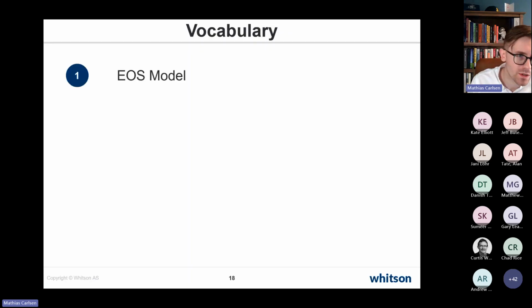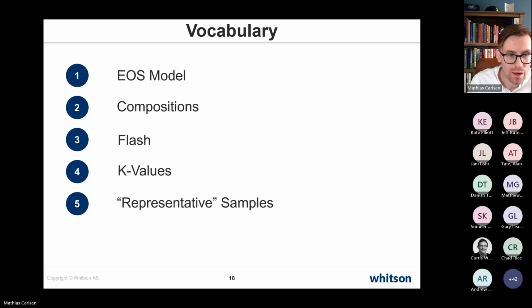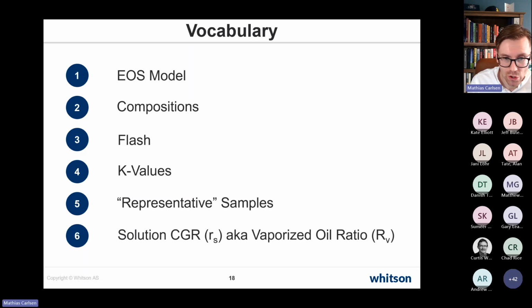Those items are: an equation of state model, the word composition, the word flash, the word K values, a representative sample, and what we call solution CGR, or the vaporized oil ratio. These are six words that, if you've never heard about them before, can be a little bit confusing, but hopefully by the end of the course you've heard about them two or three times, such that you're at least a little bit familiar with them.